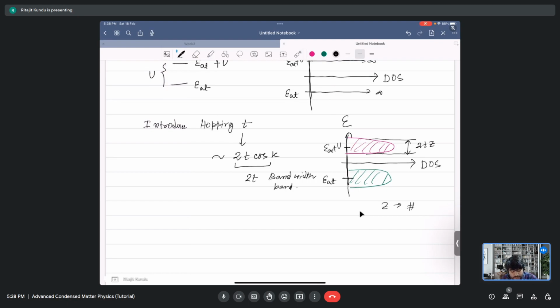So just let me write it, number of nearest neighbors, Z. Similarly, this lower band also has a bandwidth of 2TZ. And this gap is still U. Now you can define another energy scale called the gap. So the gap is delta, the charge gap.